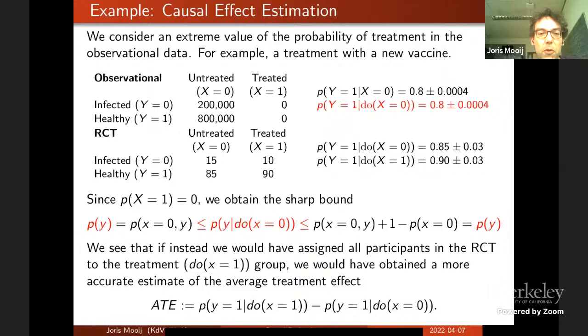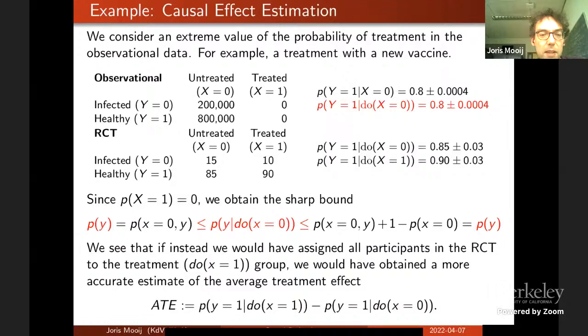So from the observational data, we can get an accurate estimate of, for example, the conditional probability of remaining healthy given that you're not treated.